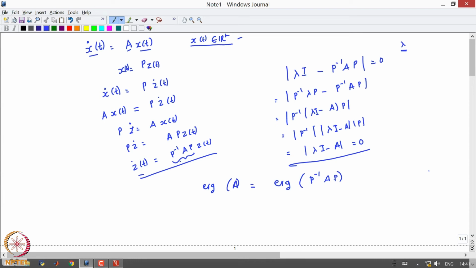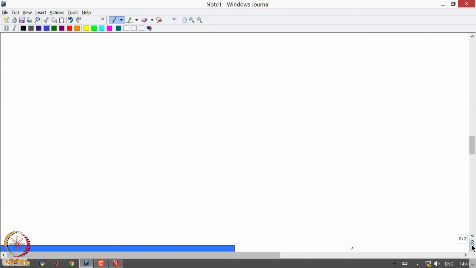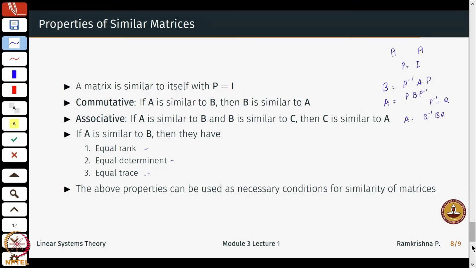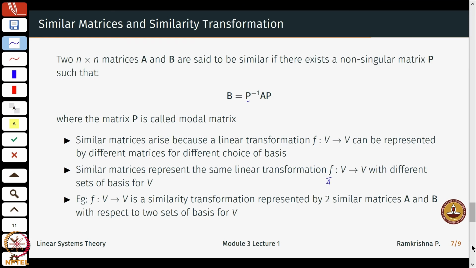It's kind of intuitive also why these properties should remain invariant. Okay. Now, how does similarity transformation relate directly to a change of basis? Is there a nice interpretation of this P inverse A times P?